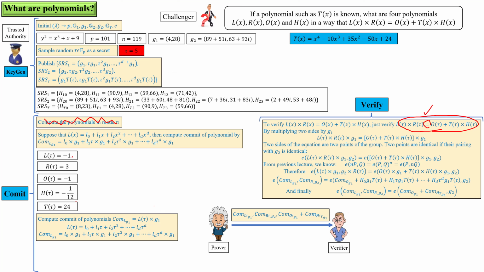compute the commit of the polynomial using this formula, L of tau multiplied by G1.